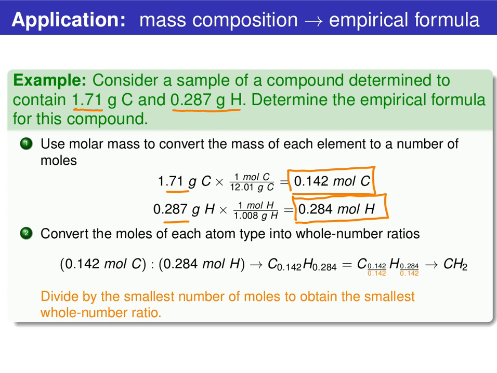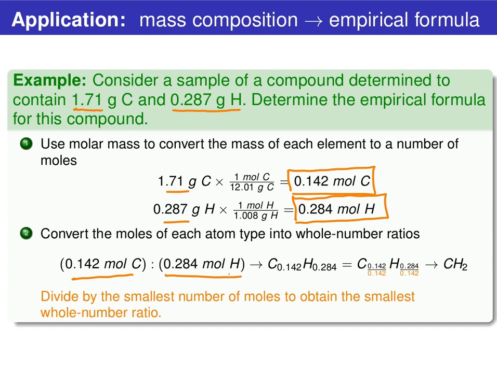Remember, using these numbers directly, we have a ratio of carbon to hydrogen atoms. Specifically, we know that for every 0.142 moles of carbon, there are 0.284 moles of hydrogen. Okay? And remember, when we're writing out a chemical formula, what we are really doing is writing out the relative ratios of each one of those atoms in that empirical formula.